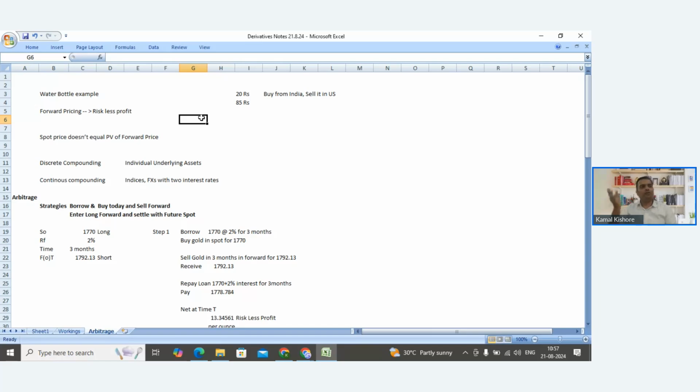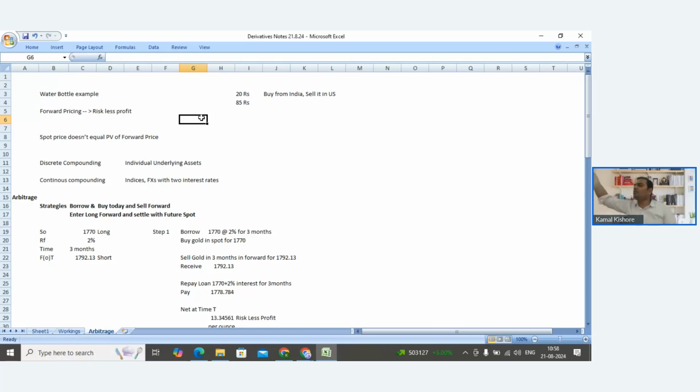Even if the price in the underlying market goes up, I am not concerned. The gain that I will make on the underlying is frozen. I am entering into the contract to buy the stock at 100 rupees.